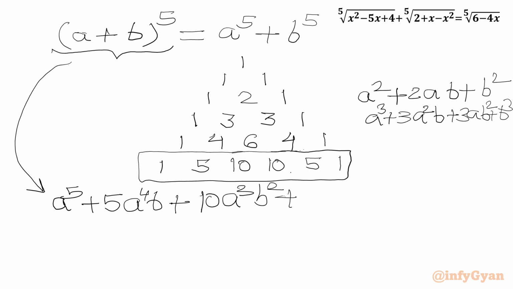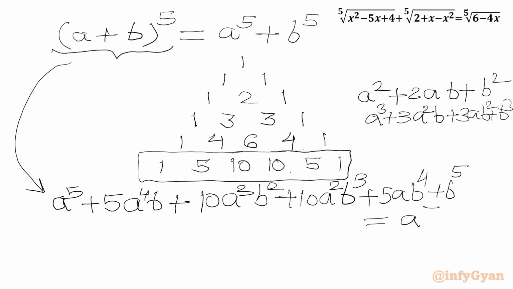Next coefficient is again 10, 10 a square b cube. Next coefficient is 5, so we'll write 5 a b power 4. Last one is 1, so we have to only write b power 5. In right hand side we have a power 5 plus b power 5.